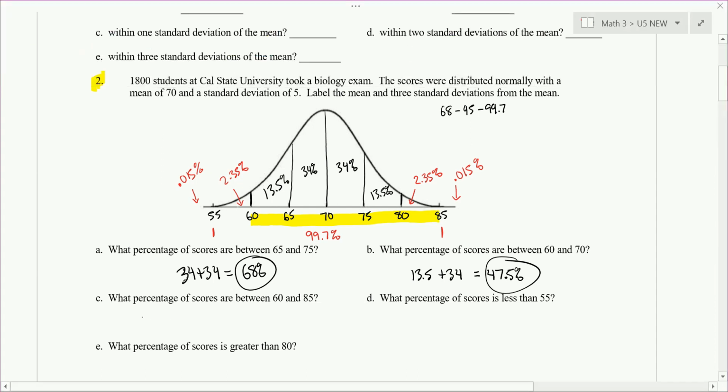So you got the 13.5 plus 34 plus 34 plus 13.5 plus 2.35. It's going to be 97.35.